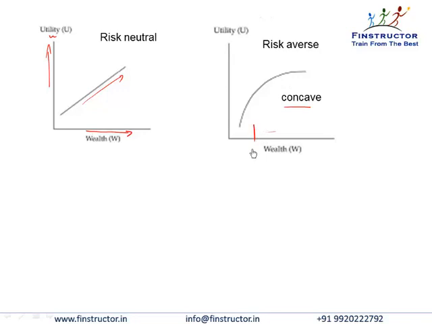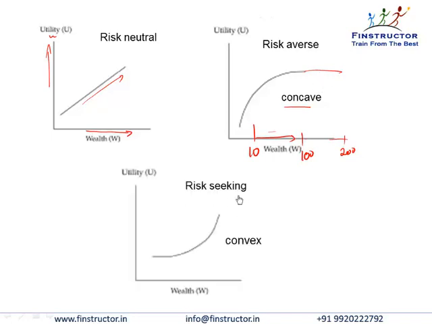So from 10 units of wealth to 100 units, he feels a fair increase in happiness. But from 100 to 200, the increase is not as much as he felt when it went from 10 to 100. So increasing wealth is giving him happiness, but not as much as the first units of wealth gave. So to this investor, it will be relatively tougher to lure him with big wealth.